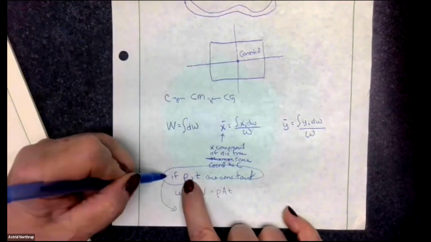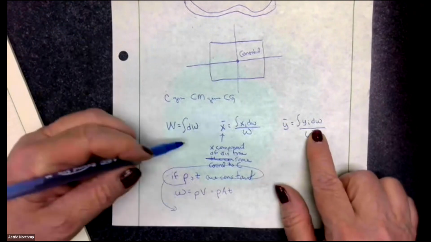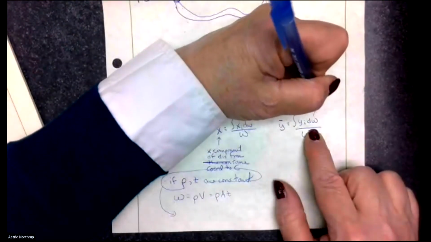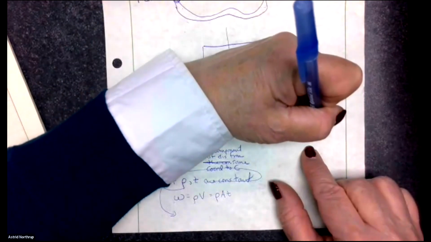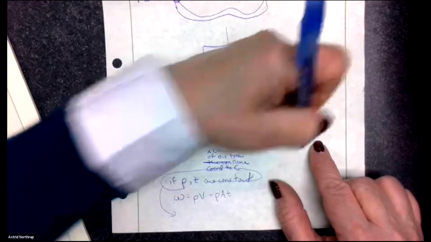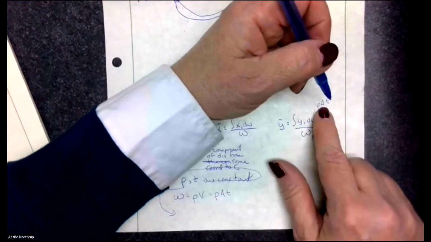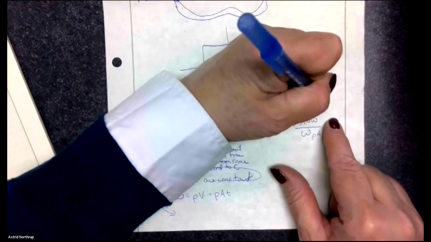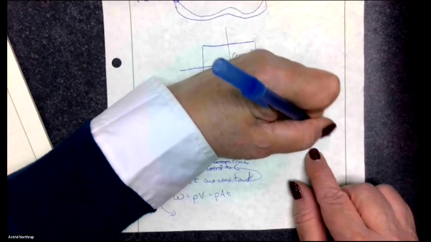So if density and thickness are consistent, this would be rho A T, and this would be rho A T.